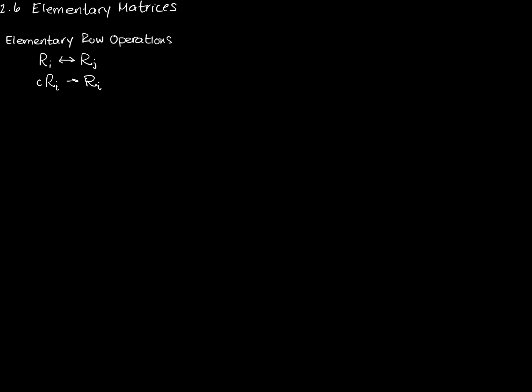And then the third one says that we can take some multiple of one row and add it to another row and put that in place of the second of those two rows, usually. So those are the elementary row operations. And an elementary matrix is an identity matrix that has been modified by one of these operations.